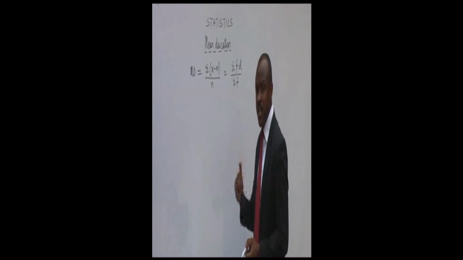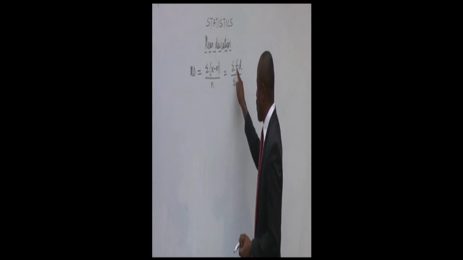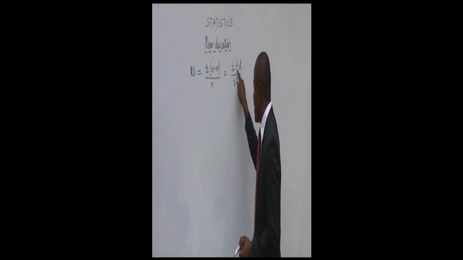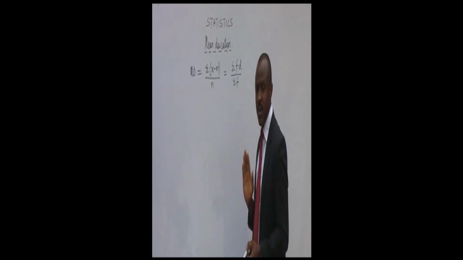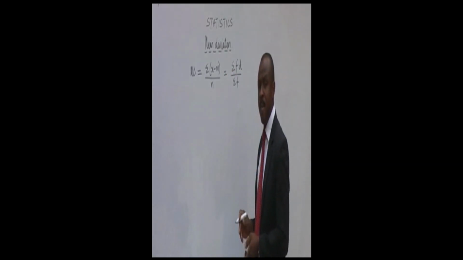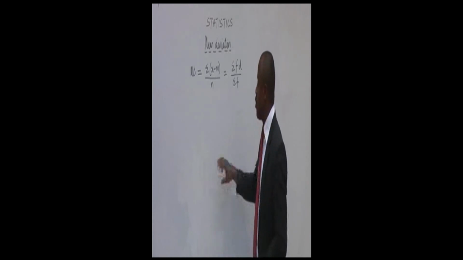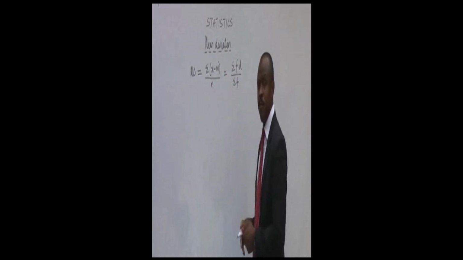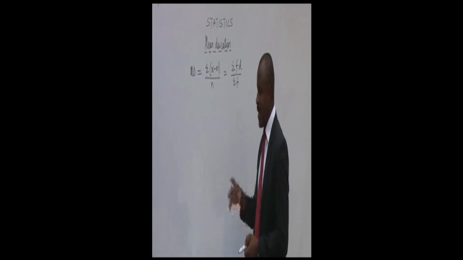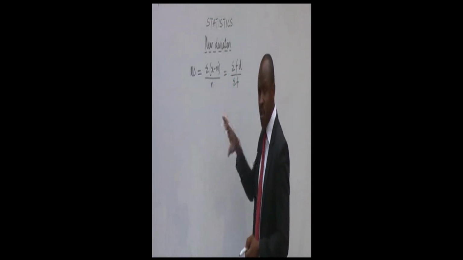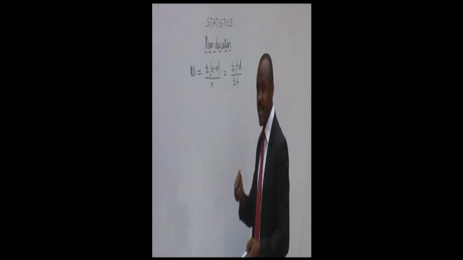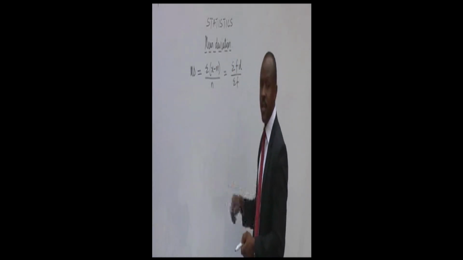But in mean deviation, it is just the sum of the product of frequencies and deviations divided by the sum of frequencies, no square root. That will give you your mean deviation. So I would like you to also memorize this formula, because we are going to be using it when we now go into solving problems that involve mean deviation.